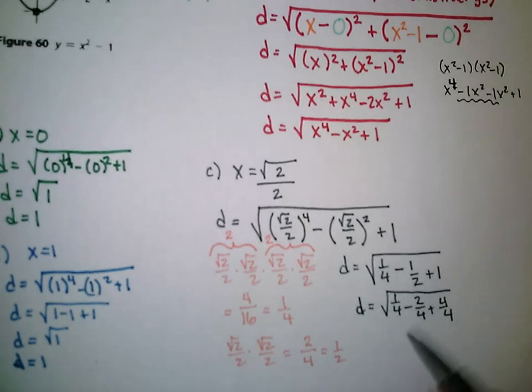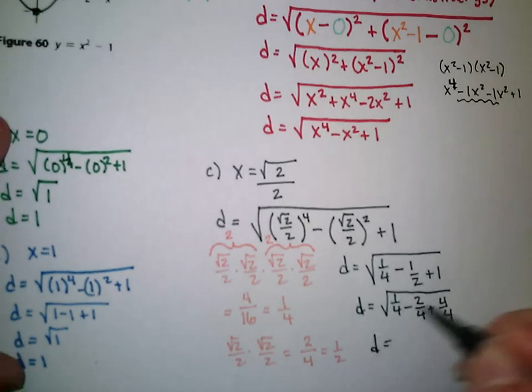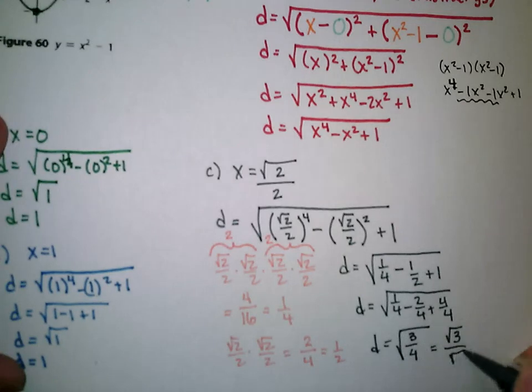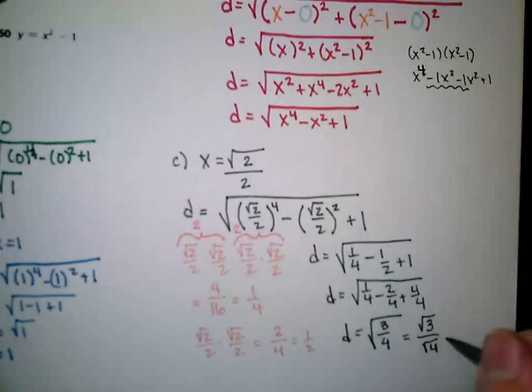So 1/4 minus 2/4 plus 4/4 would be 3/4, right? So square root of 3 over 4, which is like square root of 3 over square root of 4. And that would simplify to square root of 3 over regular 2.